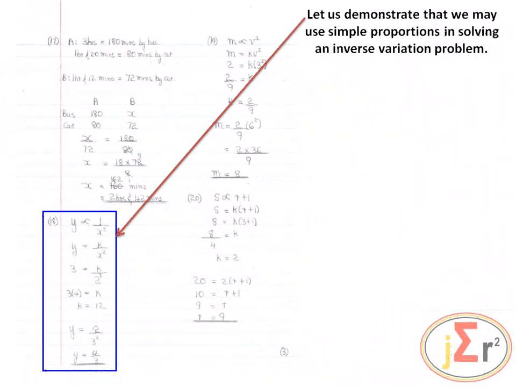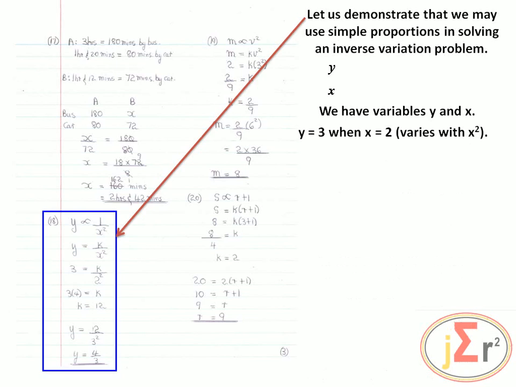Let us demonstrate that we may use simple proportions in solving an inverse variation problem. This one is very interesting. We have variables y and x. Y is equal to 3 when x is equal to 2. And do not forget that y varies with x squared, so we will square the value of x.